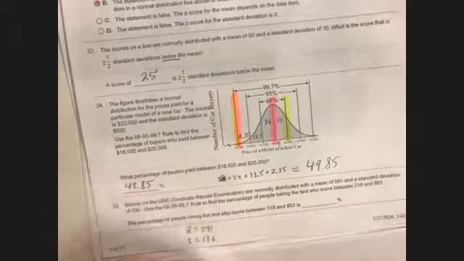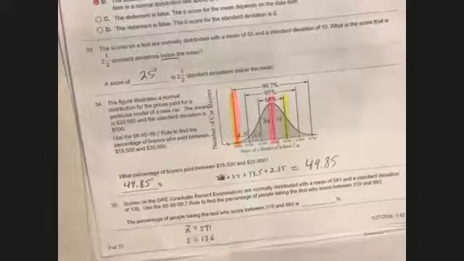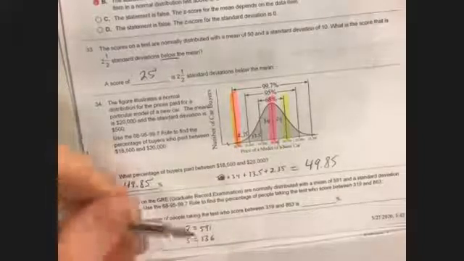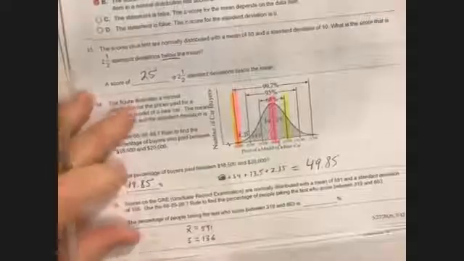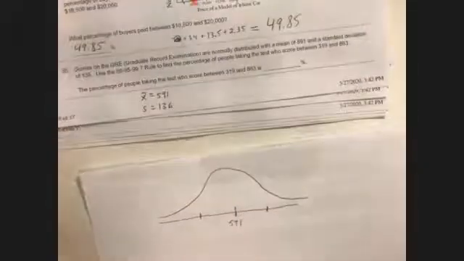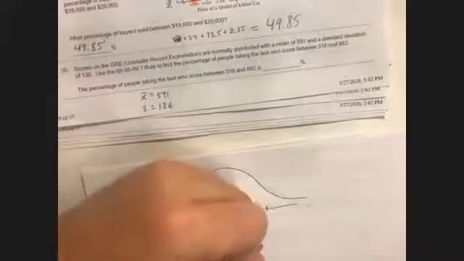what, if my mean is 591, I want to know what happens if I go one standard deviation out. Okay. What happens if I go one standard deviation out? Which means I'm going to do 591 plus S, which is 136.